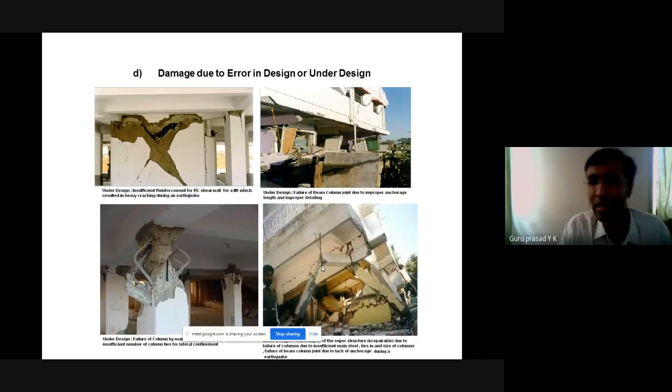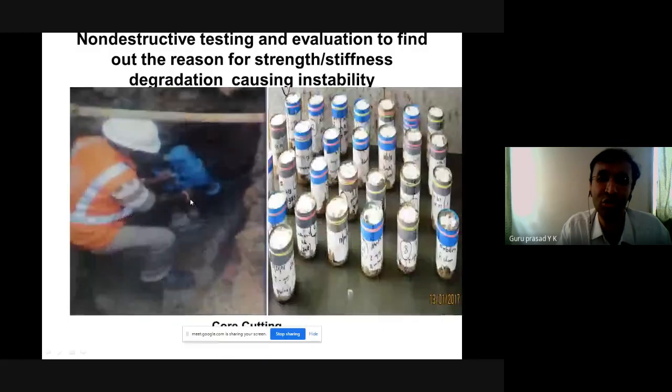You can't put it back and fix it using any of these adhesives like Quick Fix or Fevicol. I'm saying on the lighter side, nothing can be done. Maybe I will show you in the next slide, something can be done about this column where the column reinforcement has buckled. Something can be done about this shear wall, which can be repaired. How? I will just show you and stop after that.